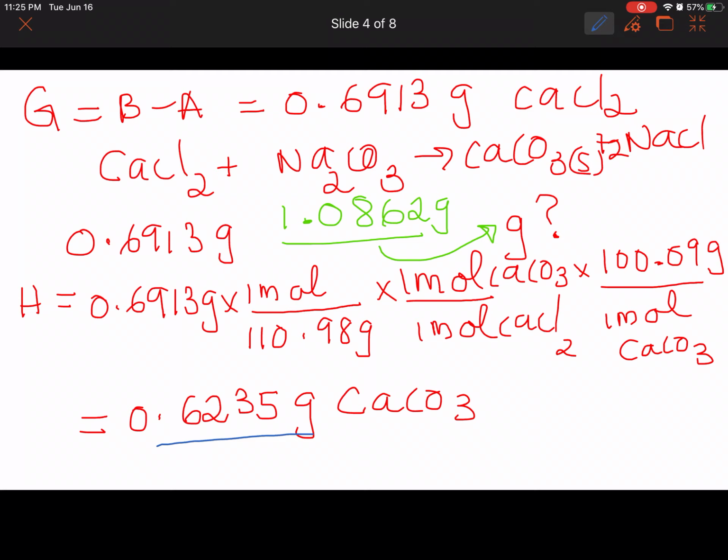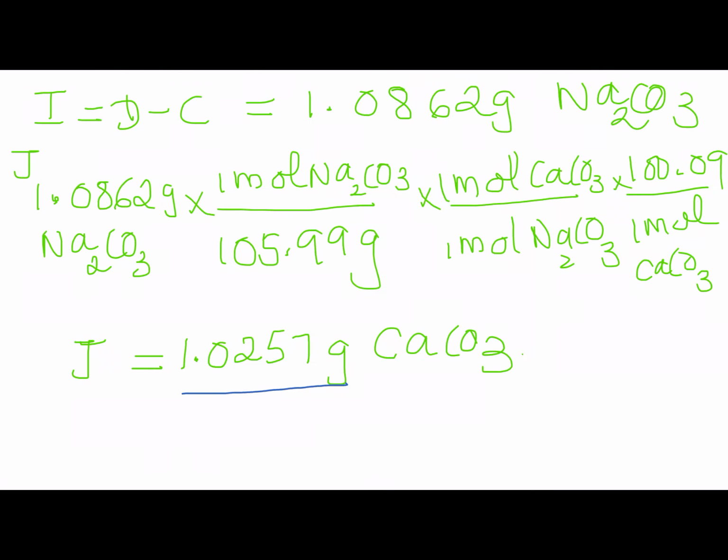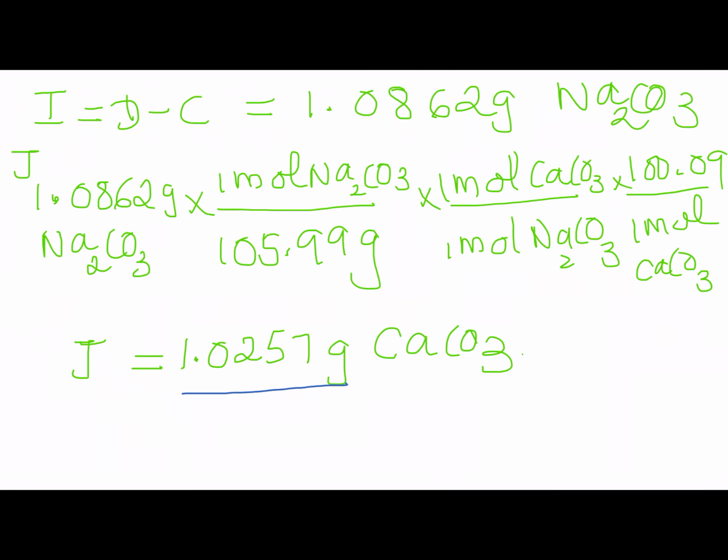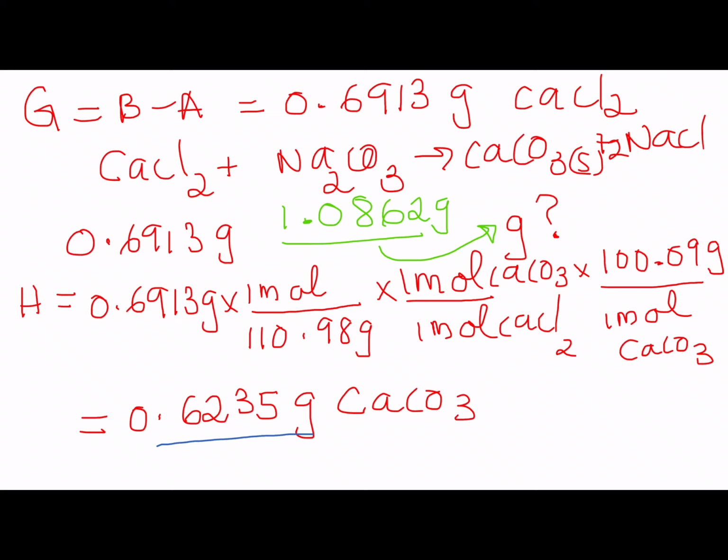So we have two numbers, 0.6235 grams and 1.0257. Now we're going to look at which one is the lowest yield of these two. That's going to be the product that we make theoretically. So which one is lower, 0.6235 or 1.0257? Obviously this number over here, right? How did we obtain this number?